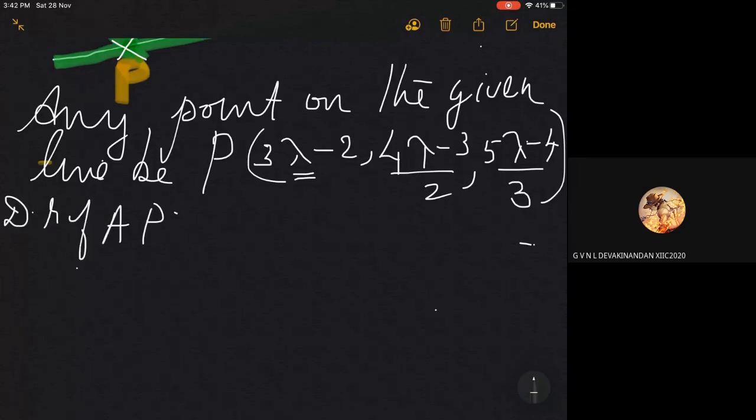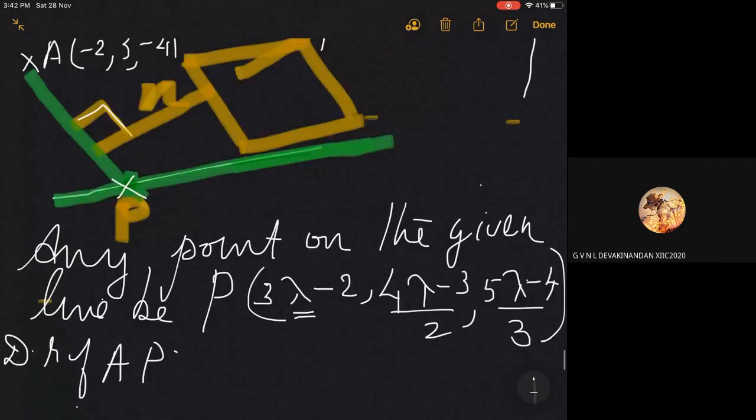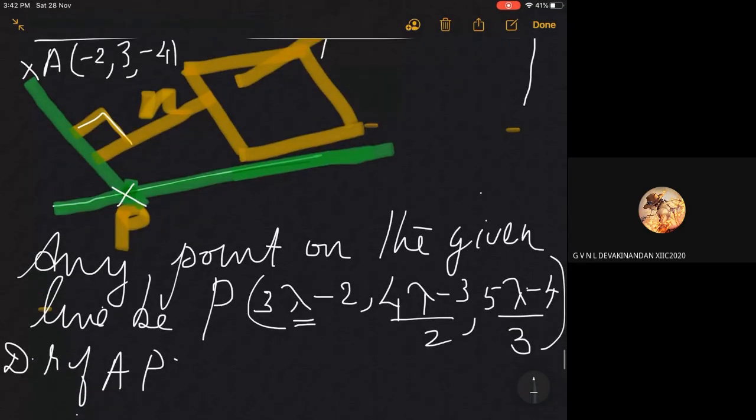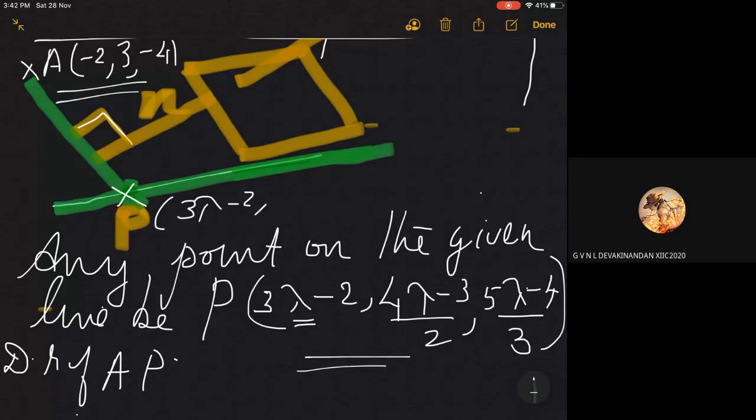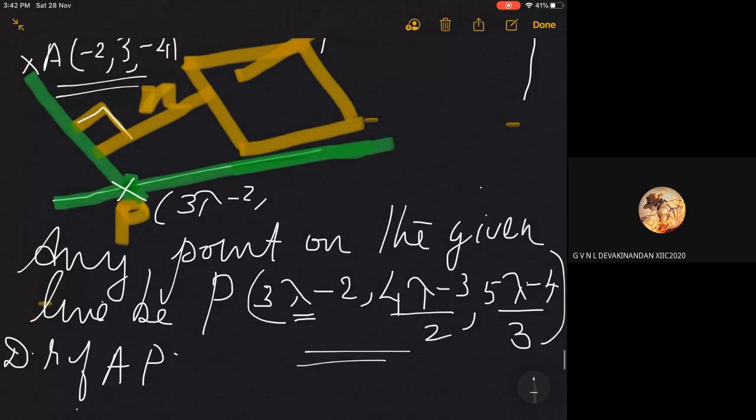How do we find the direction ratio of AP? If you know the coordinates of P as 3 lambda minus 2 and so on, and the point A, the direction ratio is the difference in the coordinates.